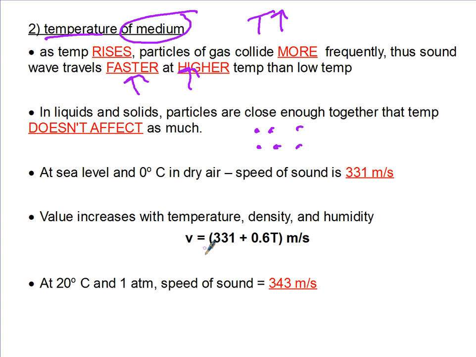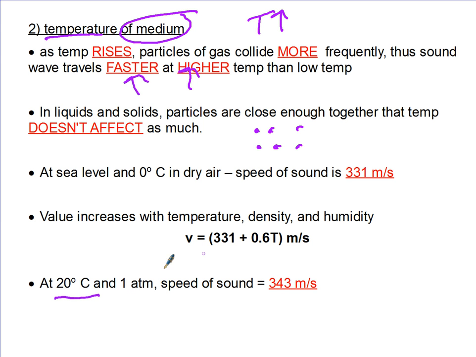And that is, the speed of sound in air is 331 plus 0.6 T, where T is measured in Celsius. I know, we're always measuring in Kelvin, but for this, we're going to measure it in Celsius.